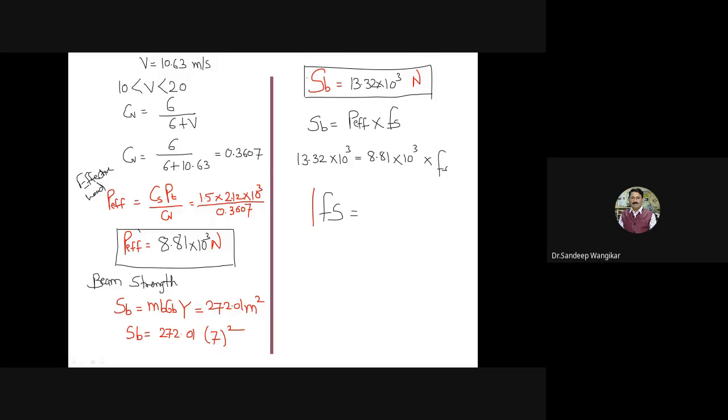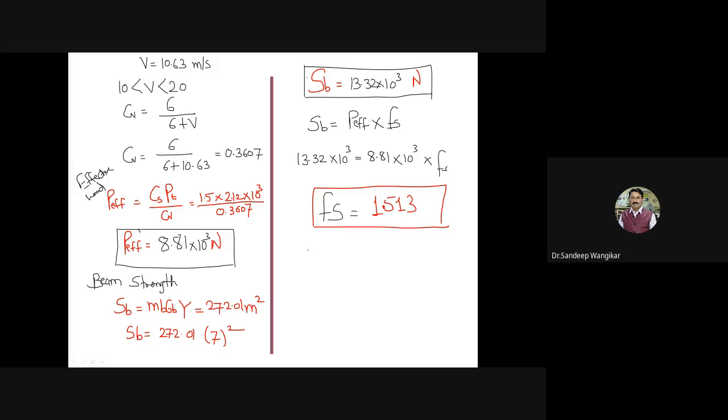So what is the answer for this factor of safety? Okay, 1.51, 1.513. Okay, so I will say here 1.511. Okay, no problem. I will take 1.513. So here I will write down: given factor of safety is 1.5.